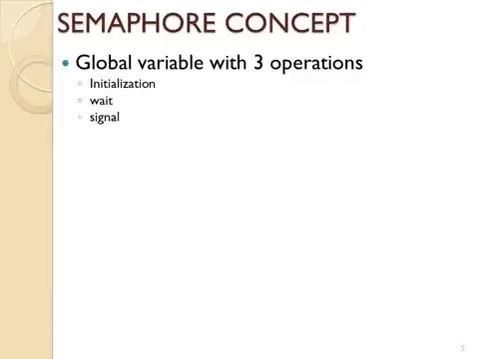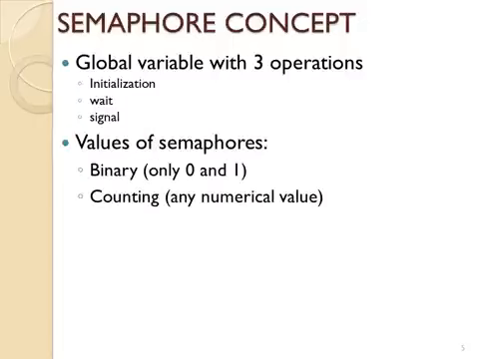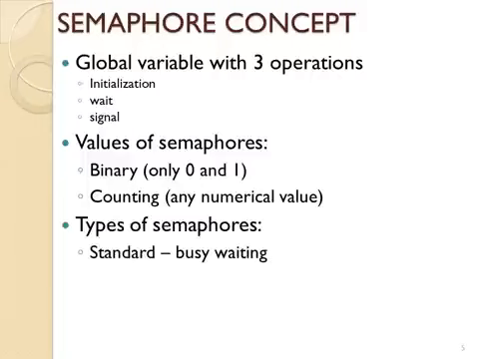So let's just review. A semaphore is a global variable that has 3 operations: initialization, wait, and signal. Semaphores can either be binary or counting. A binary semaphore has 2 values, 0 and 1. A counting semaphore can have any numerical value.